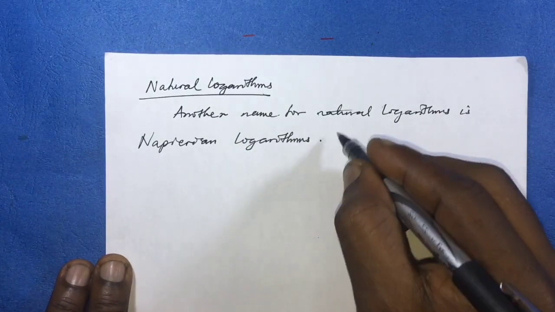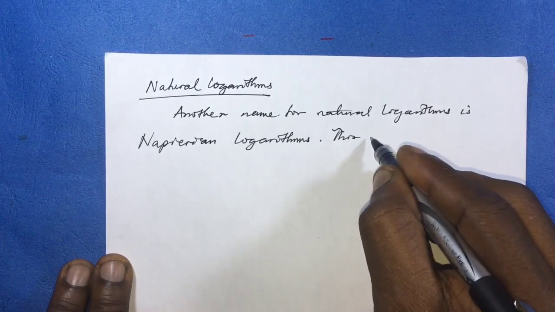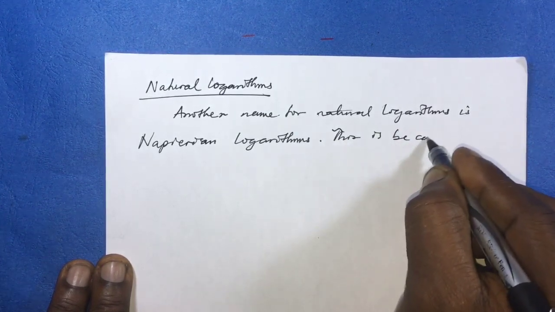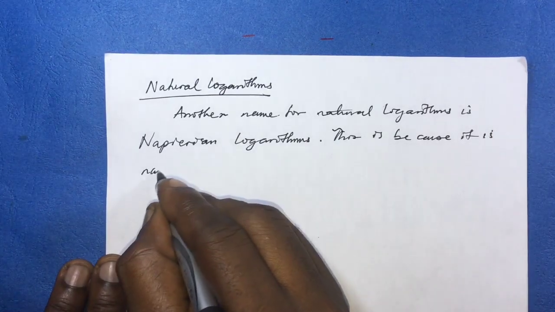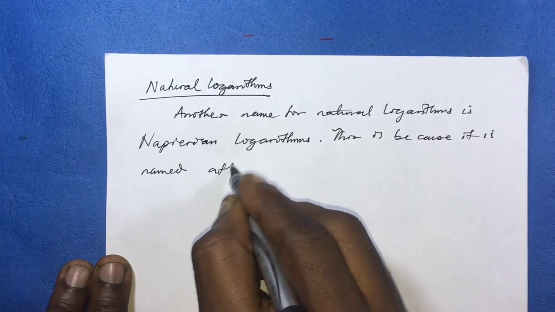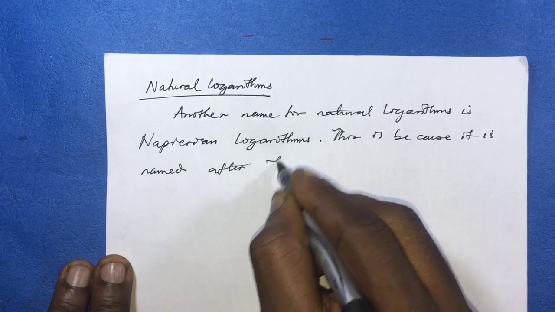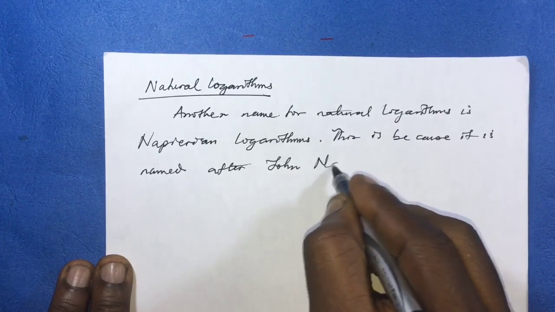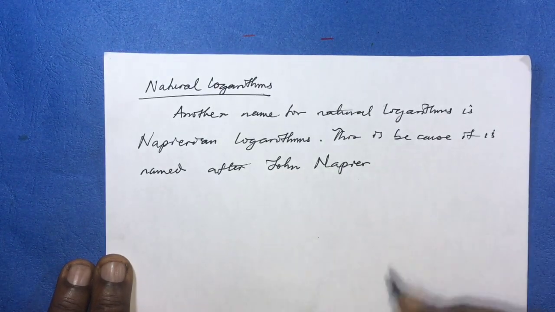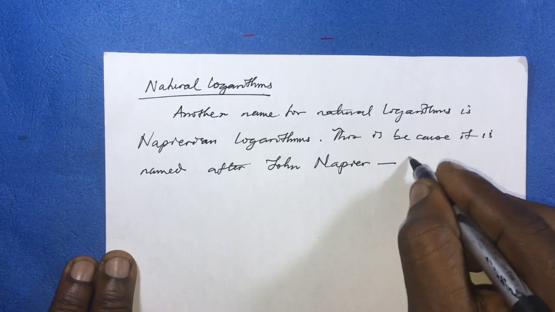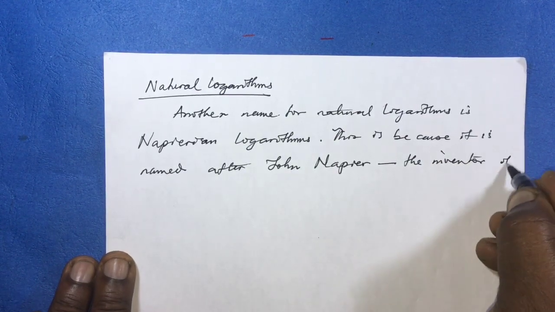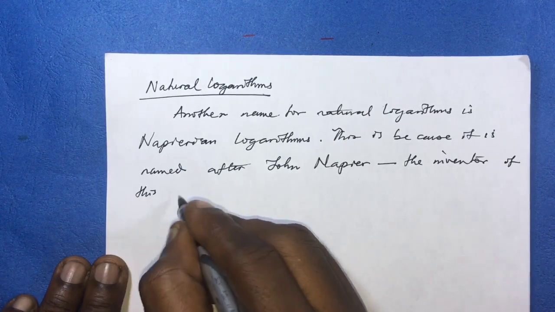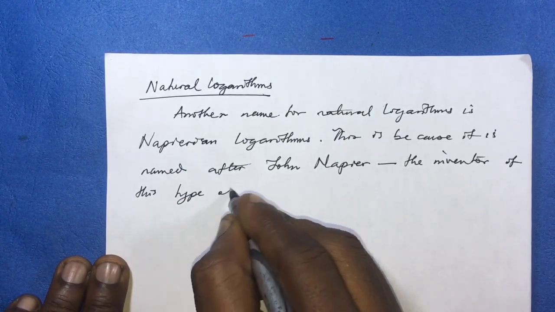Now, this is because it is named after John Napier. So, John Napier happens to be the inventor of this type of logarithm, and I'm going to explain why.